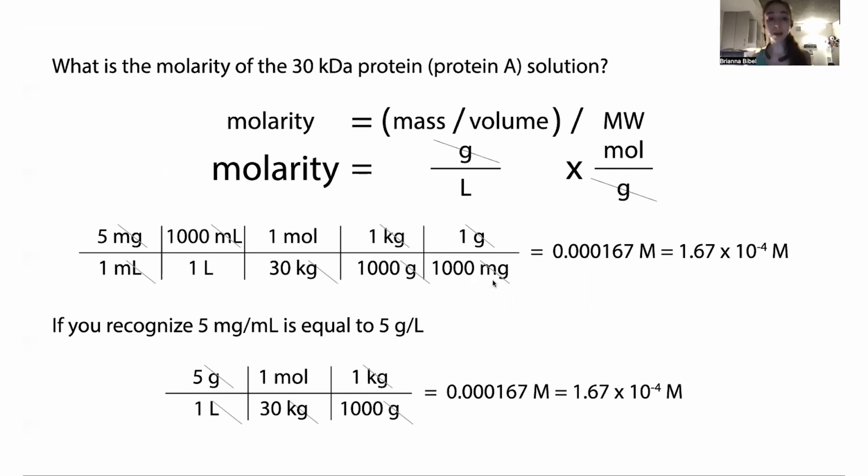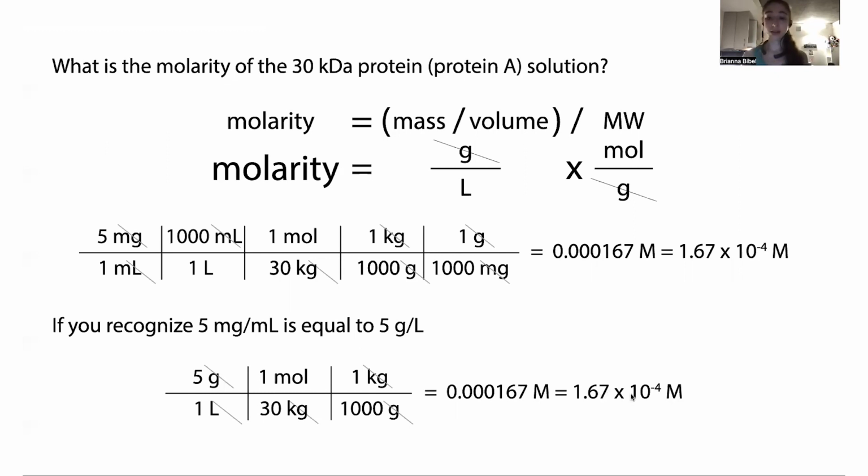For example, if we recognize that 5 mg per mL is equal to 5 grams per liter, because you're multiplying both of these by 1,000 and those cancel out, we can just start with 5 grams per liter. Then we just have to multiply it by our mass divided by our volume, by our molecular weight. And then we get the answer of 1.67 times 10 to the minus 4th molar.